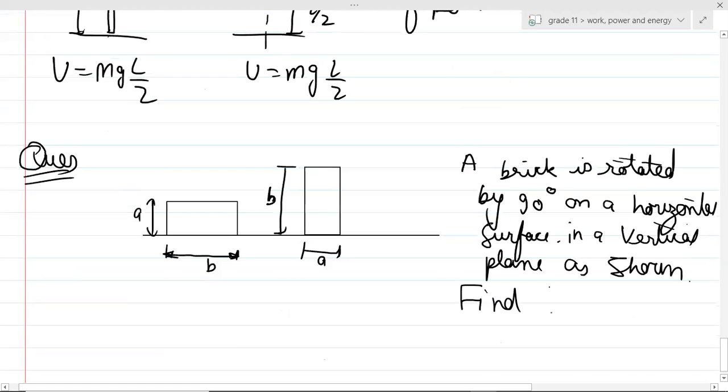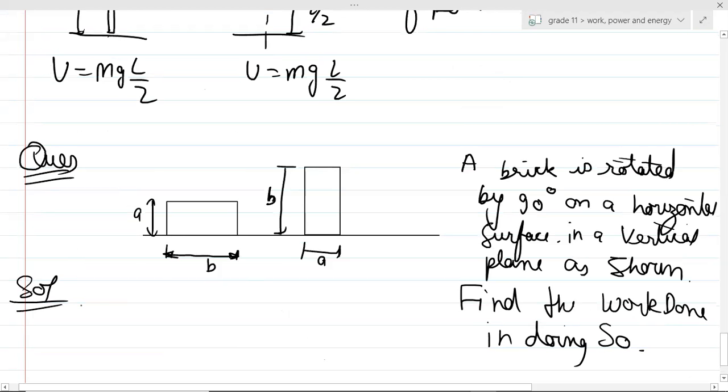Find the work done in doing so. See, we always know now work done by external agent is basically what? Final minus initial. So you just find out the initial potential energy, find out the final potential energy, subtract them. That will be the work done.